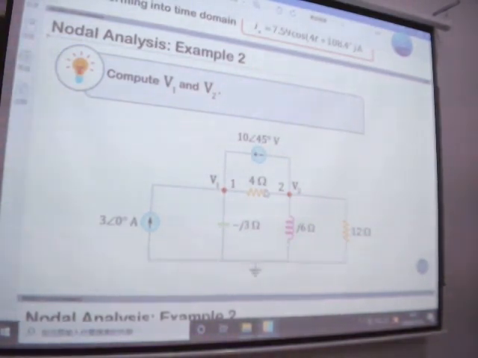For node 2, we have 1 over 12 because we have a 12 ohm resistance connected to node 2. And we have another 4 ohm, and we have 6J ohm, so we put 6J ohm in the denominator. Then we get Y11 and Y22.